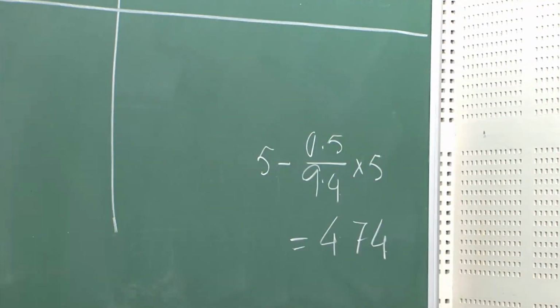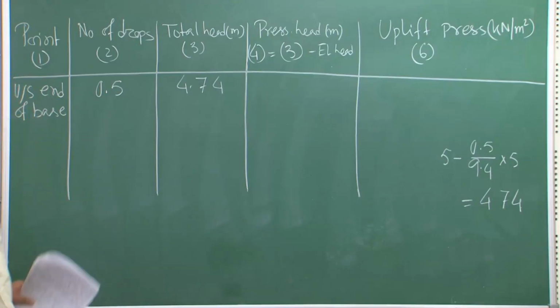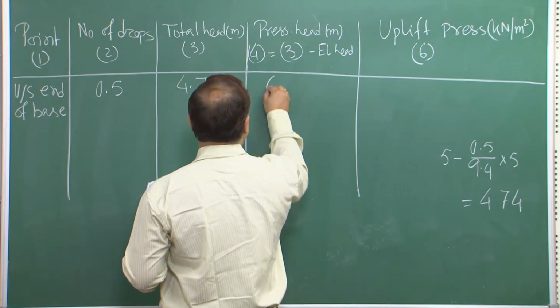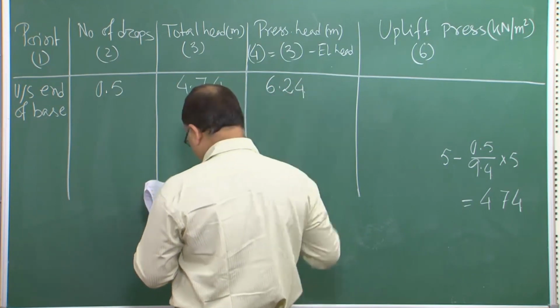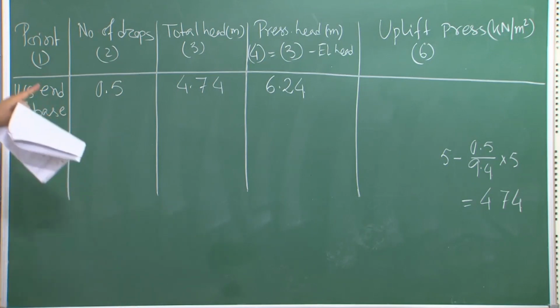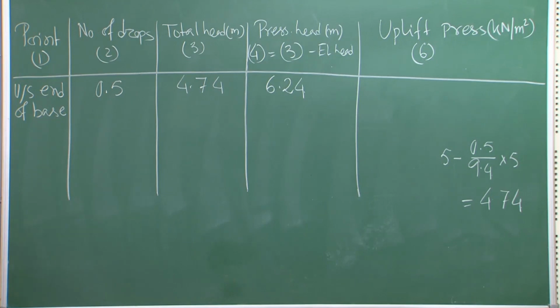Okay. So, in a similar way we can find out the total head for this point. Then the pressure head will be 6.24. How will I get 6.24? The total head minus the elevation head. What is the elevation head for this point, the upstream end of the base?